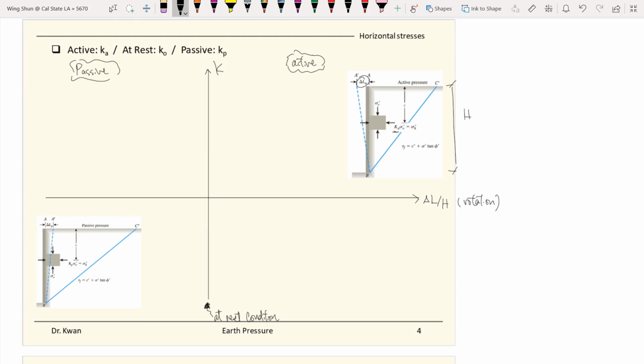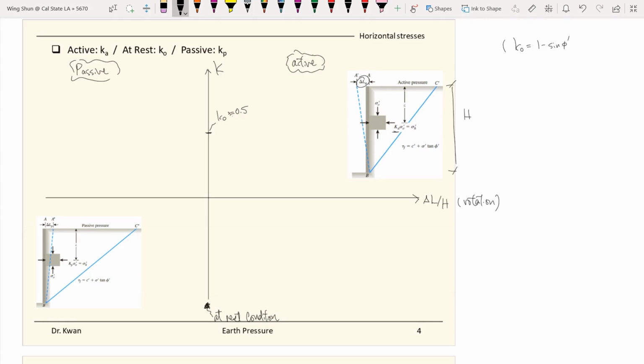For the at-rest conditions, the K naught value is about 0.5. It's not exactly 0.5, but I'm just going to give you some ballpark numbers. It's about 0.5. And we talked about this: K naught is equal to 1 minus sin phi prime.